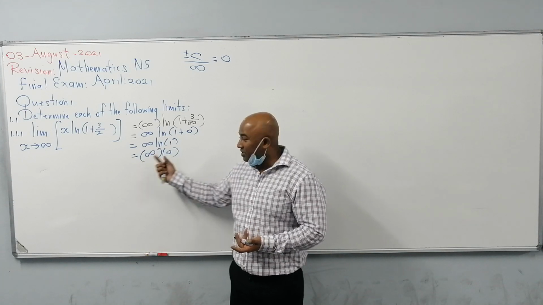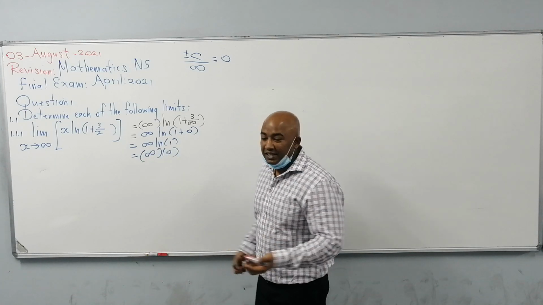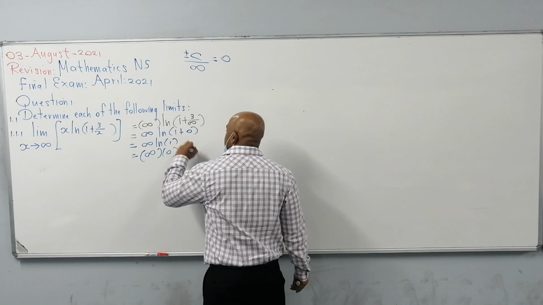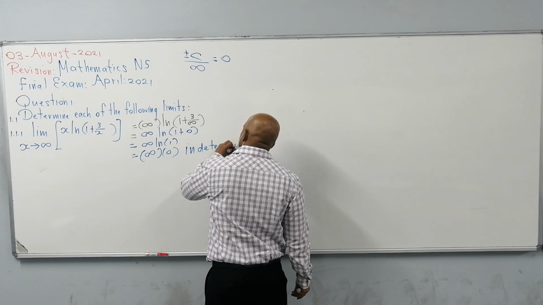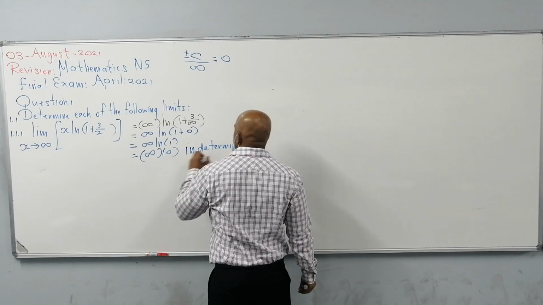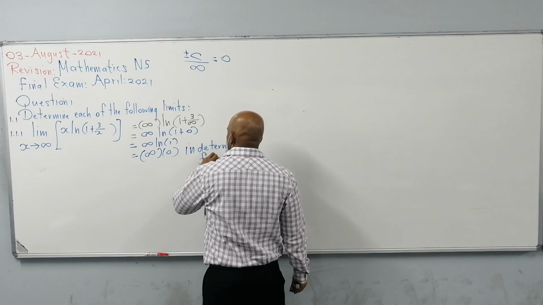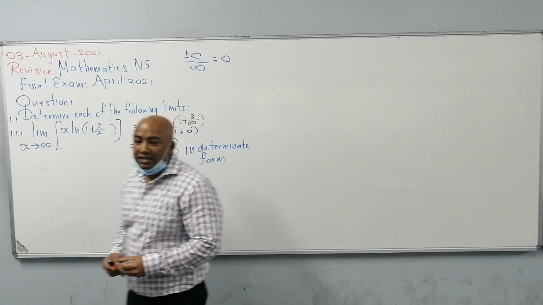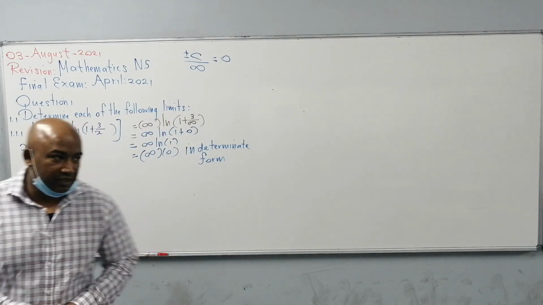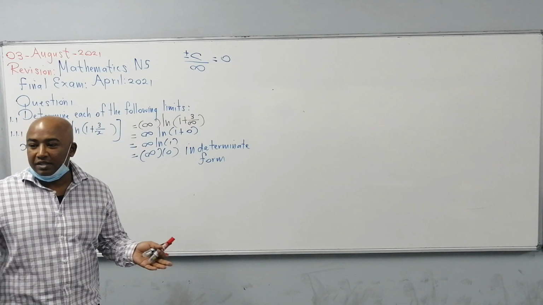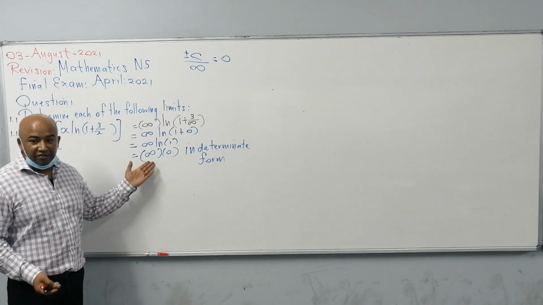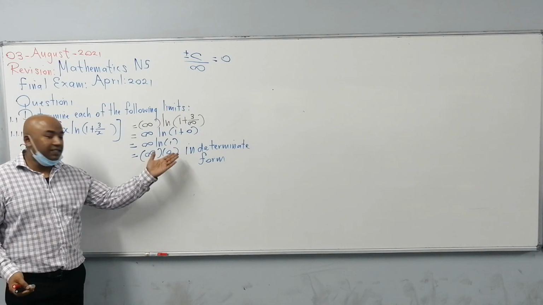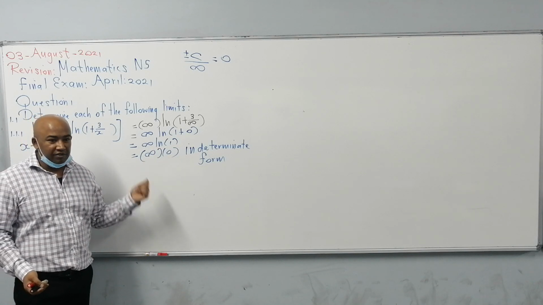So 0 times infinity is indeterminate. 0 times 2, 0 times 1 million, that's 0, but we do not know infinity, so we cannot determine what 0 times infinity is.